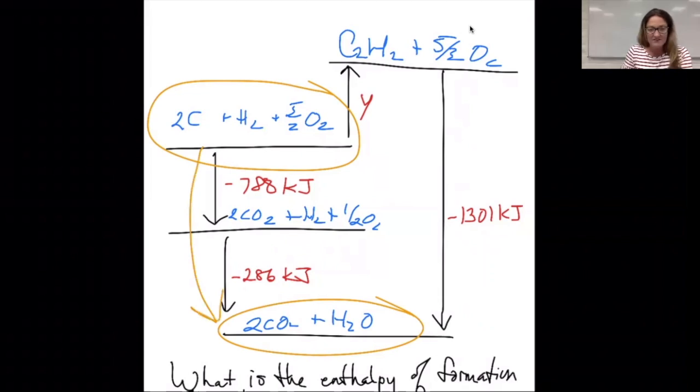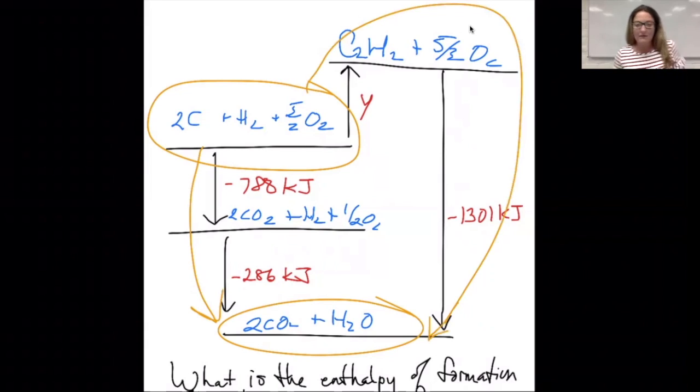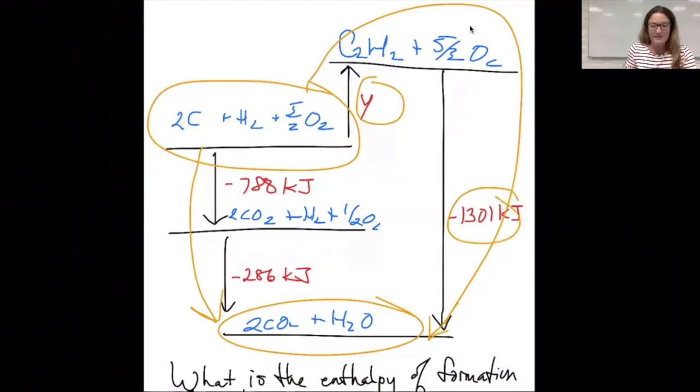I could either go this way to get there, or I could go that way and get to the same point. And the energy associated with each one of these paths is the same. So I know that this number combined with this number must equal this number combined with this number.